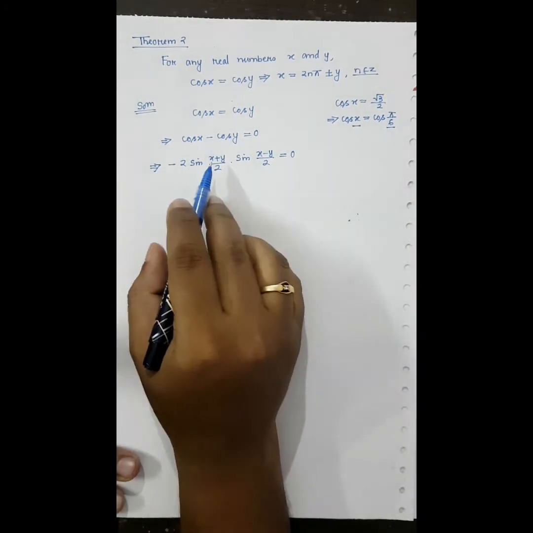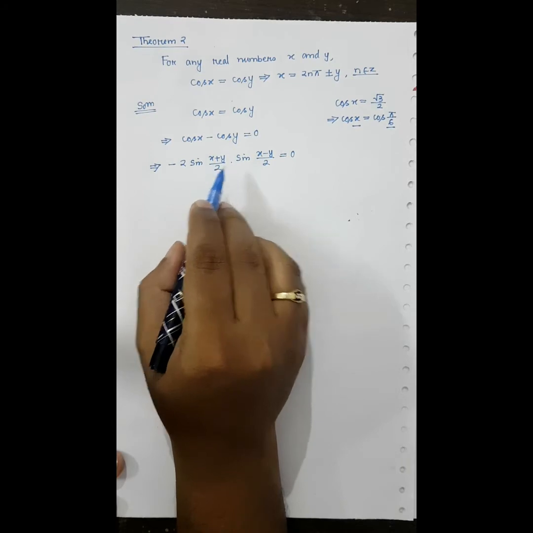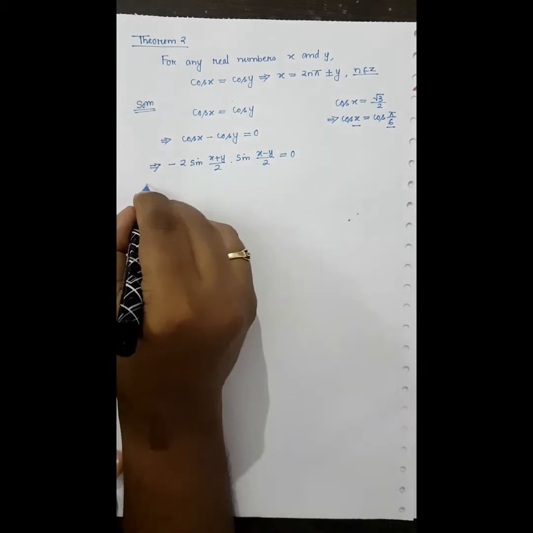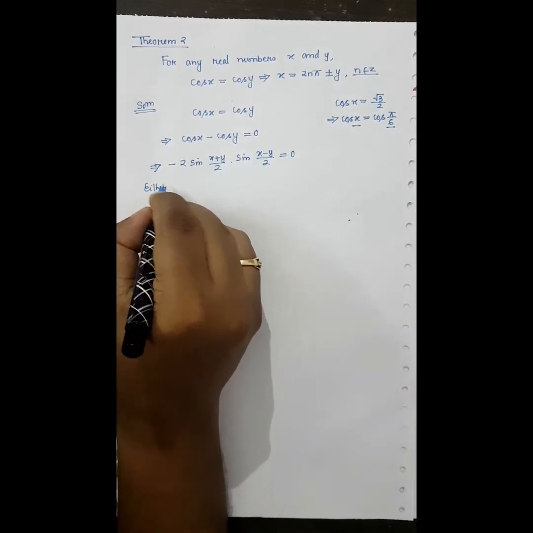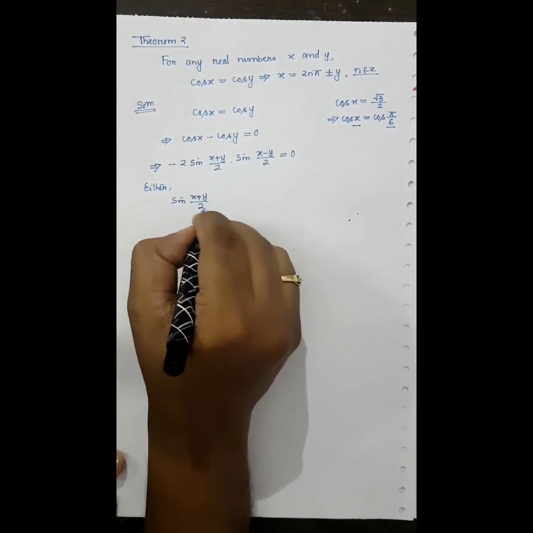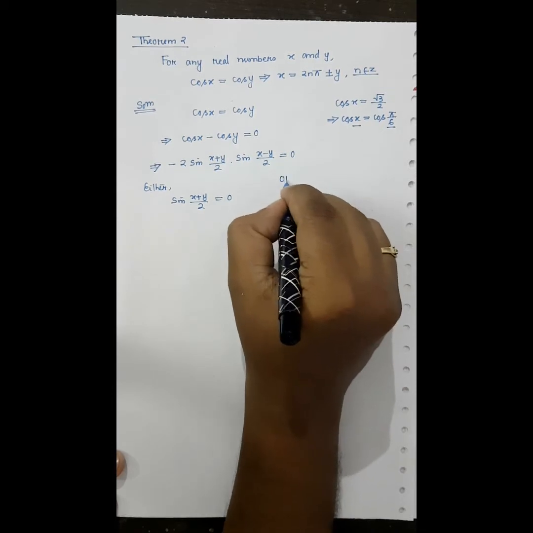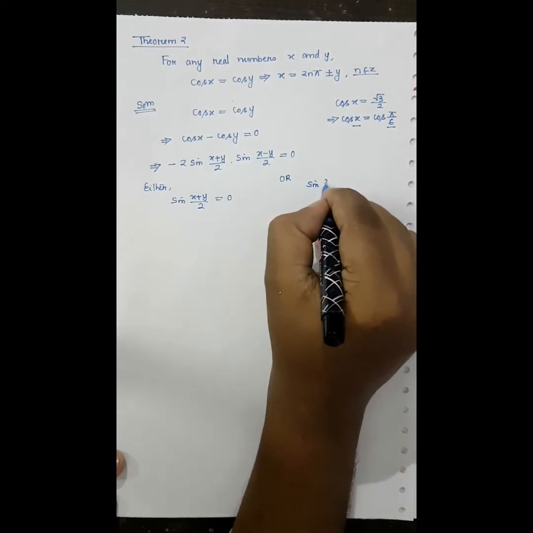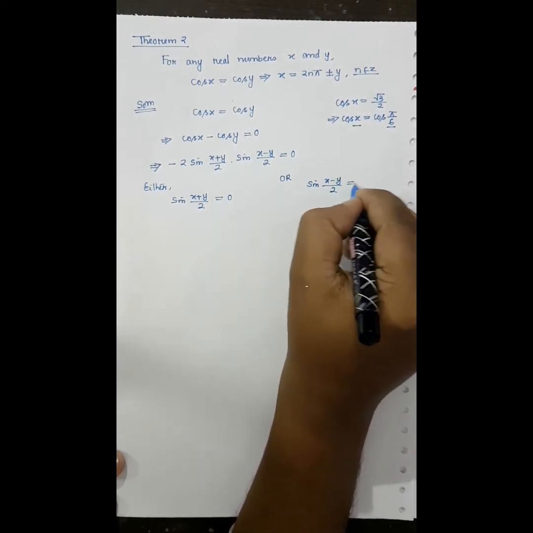So we are getting two factors, sin (x plus y by 2) into sin (x minus y by 2). So either sin (x plus y by 2) is equal to 0, or sin (x minus y by 2) is equal to 0.